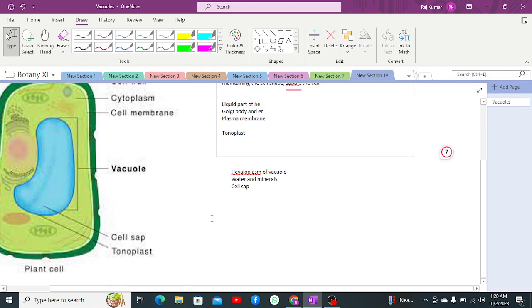Now, the vacuole is a storehouse of the cell, which means it stores storage material inside the cell.